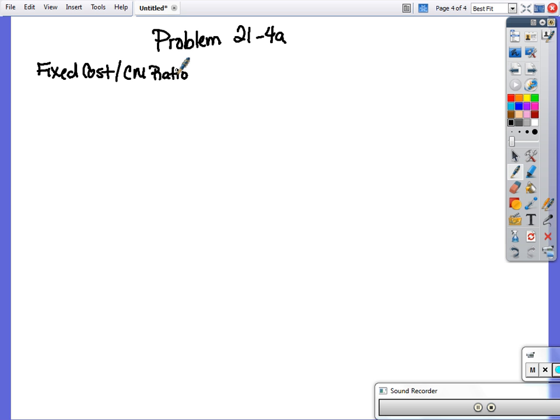Contribution margin per unit. Now, contribution margin per unit is selling price per unit minus variable cost per unit. What's the selling price per unit?